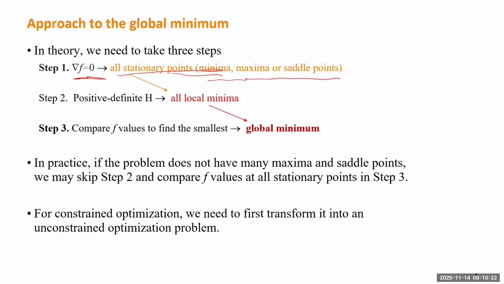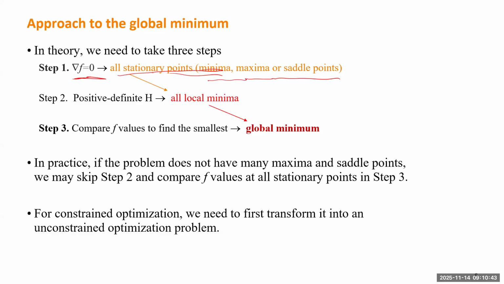Minimal points means where you have a locally minimal function value or cost value. Maximal point means you have the highest cost compared to neighboring points. And the saddle points means in one direction it is maximum, but in maybe another direction it will be minimum.